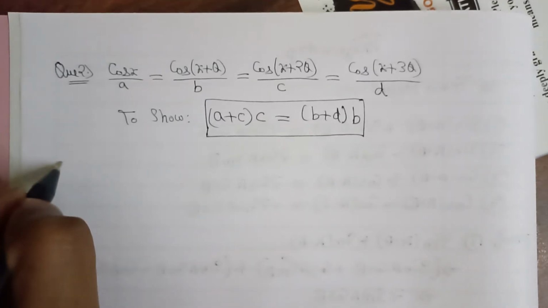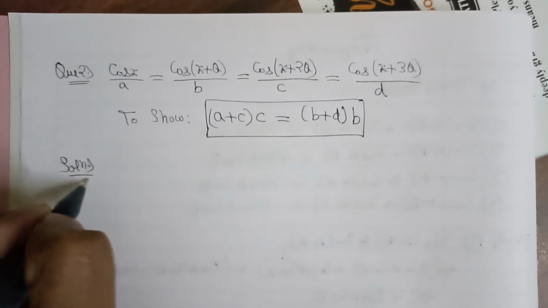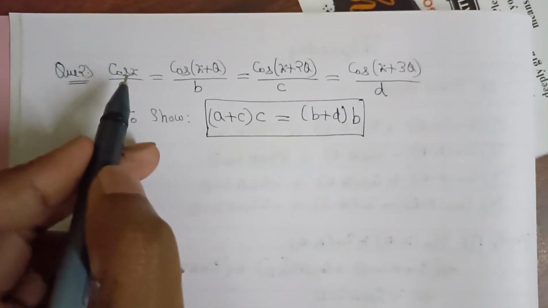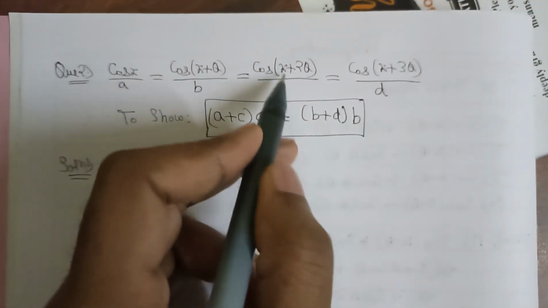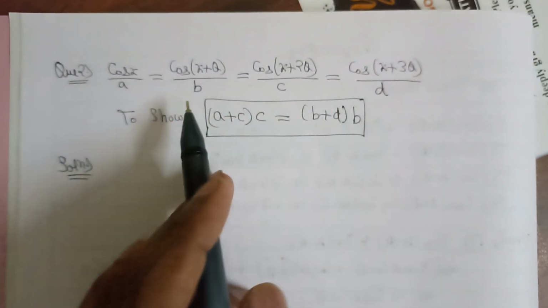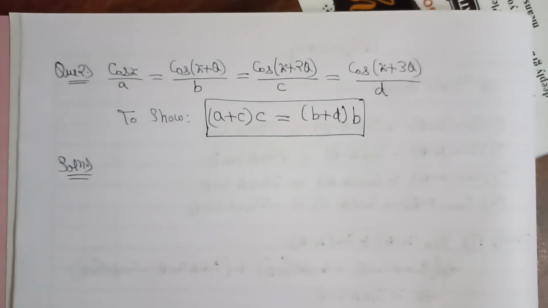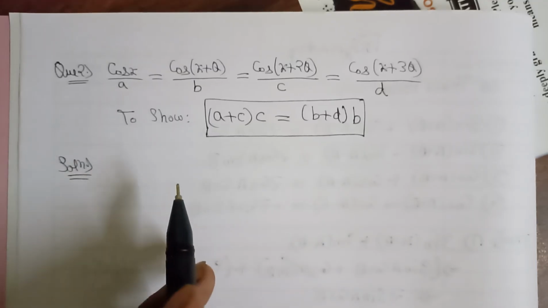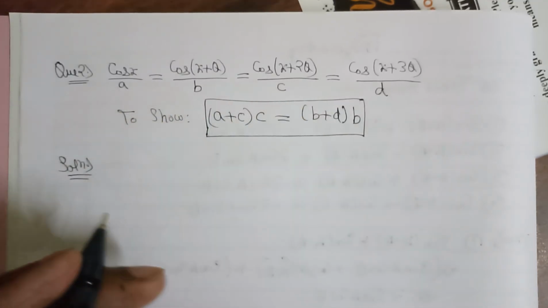Okay, let's see the solution. So this is a ratio, this is again ratio, this is again ratio, and this is again a ratio. So all ratios are equal. What does it mean? It means that there is some value which is equal to this whole ratio.